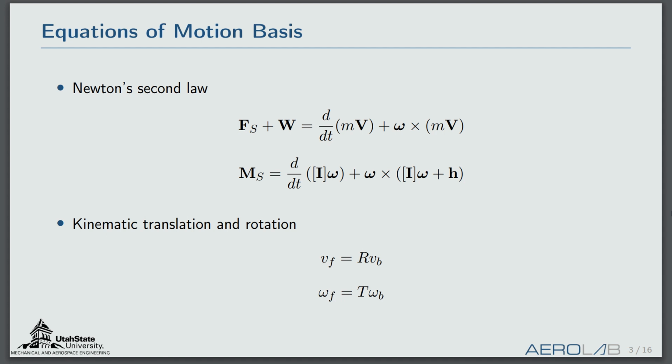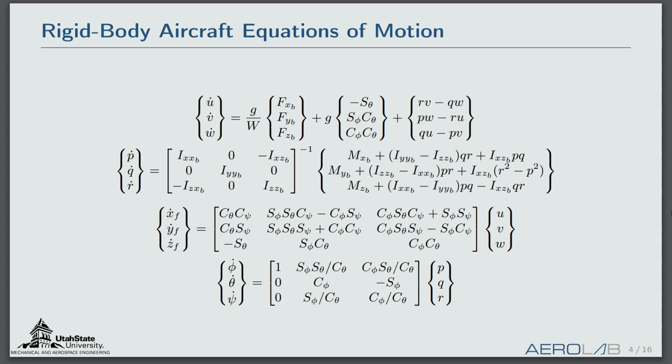The first of those sets of equations has to do with translating the body fixed velocity into the earth fixed velocity. And on the bottom we have the body fixed rotation rate multiplied by some rotation matrix into the earth fixed rotation rate. So these are the equations of motion that we get when we plug in our rigid body aircraft.